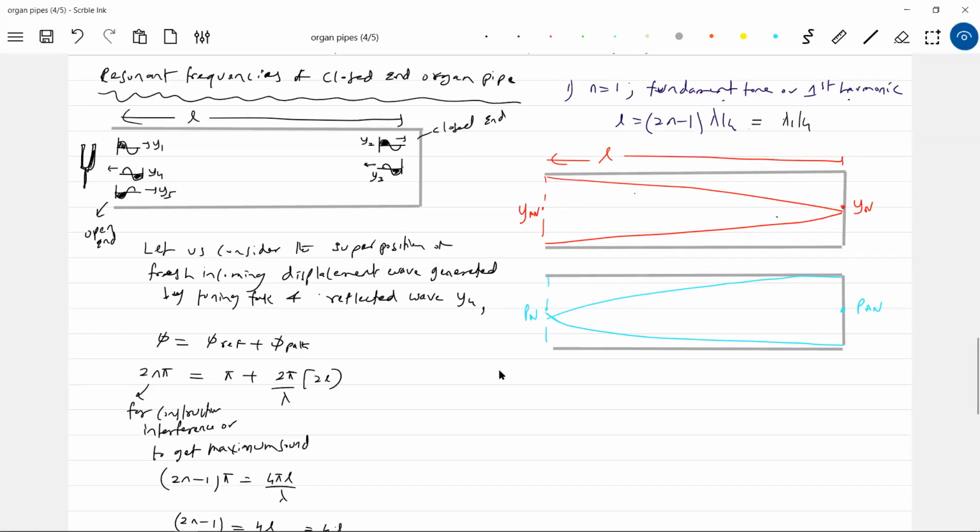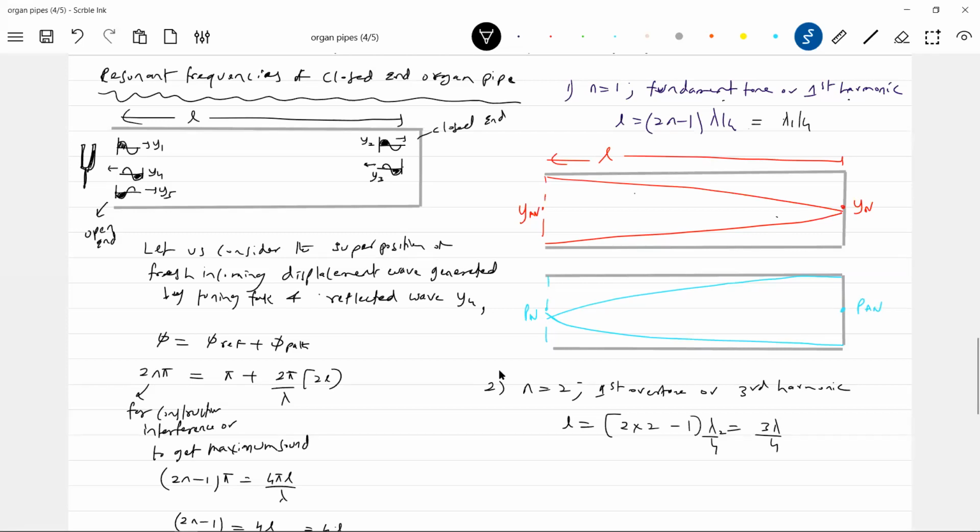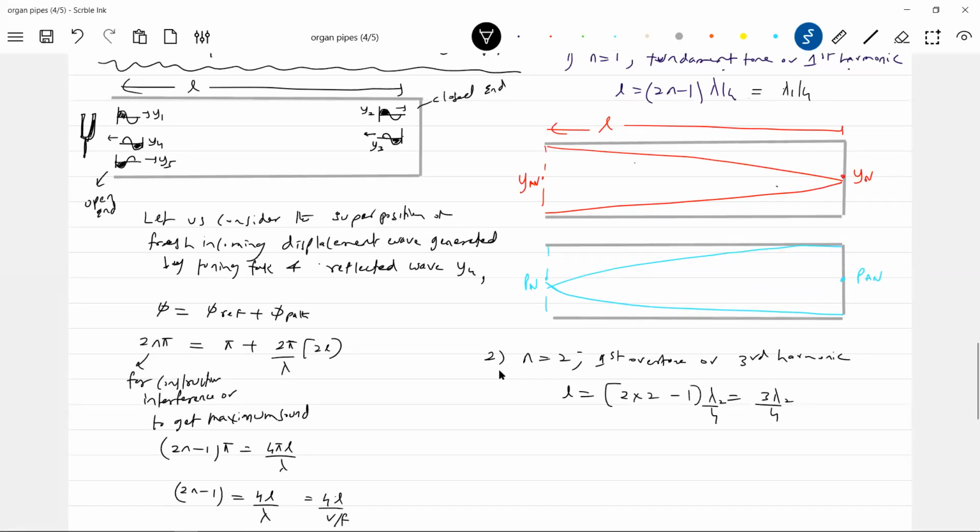Okay, now similarly for n equal to 2. It is called the first overtone, or third harmonic. So the length of the pipe equals 2 into 2 minus 1 lambda by 4. How much are we getting? 3 lambda 2 by 4. 3 lambda 2 by 4 means you can write lambda 2 by 4 plus lambda 2 by 2.